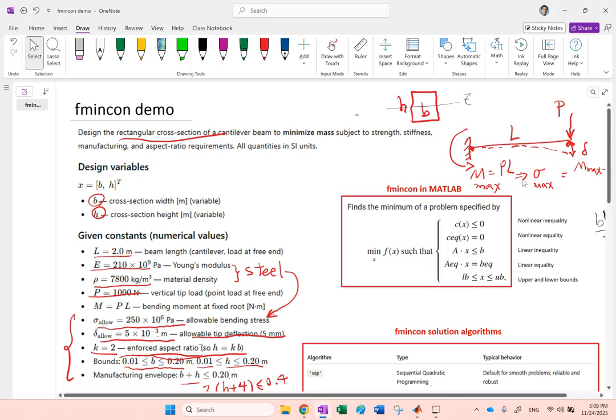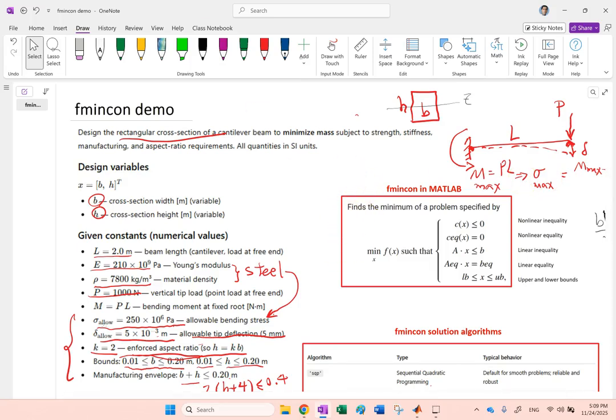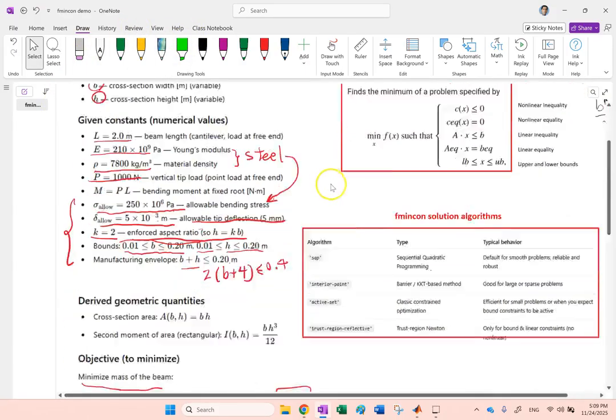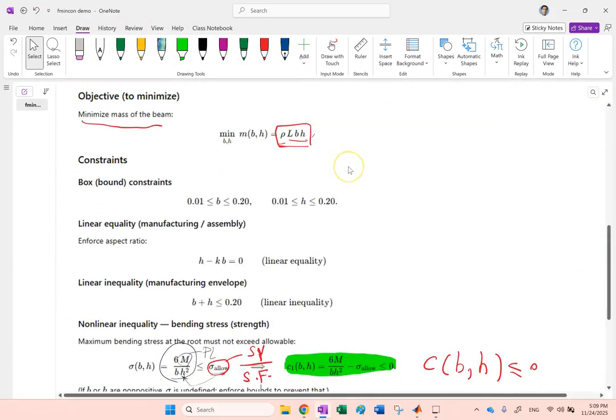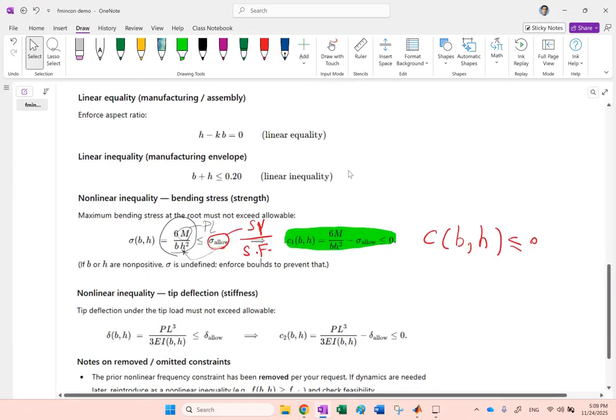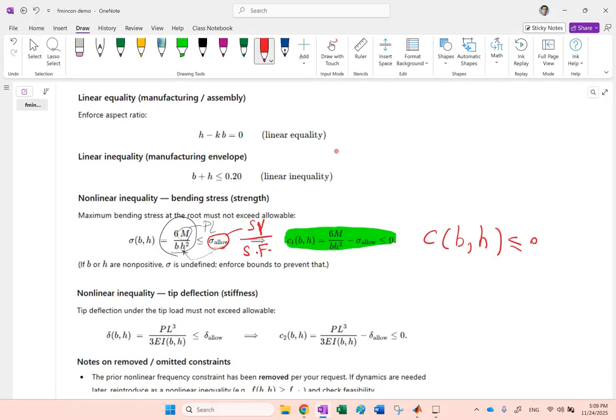In reality, sigma max needs to come from principal stresses, and it's quite a bit more complicated than this. Here, this is assuming that the only thing that creates stress is bending, with no shear stress and no effect from the mass. So here I'm going to just add that for you.